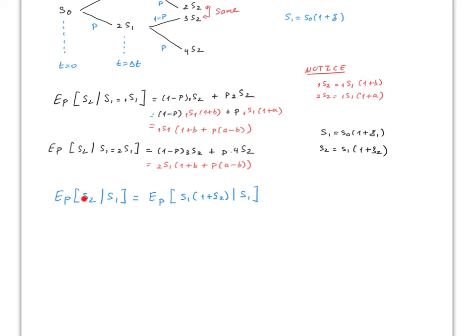Now the main difference between here and these two is that here we have the whole S1. Here we're being very specific: what happens if it goes down, and what happens if it goes up. And this is saying what will happen if it goes up and down. Essentially, that's what it means. Okay, so now notice that you have S1 here and S1 here.